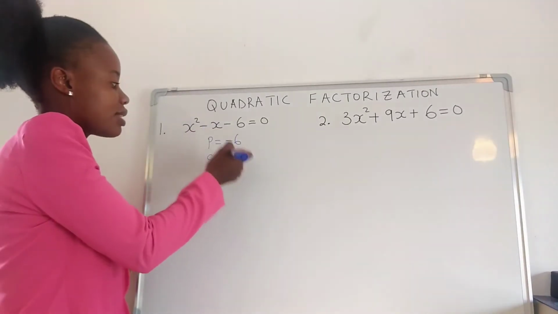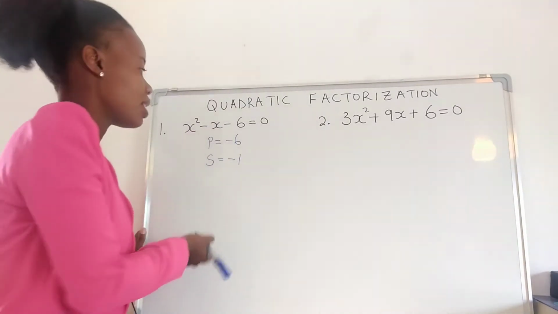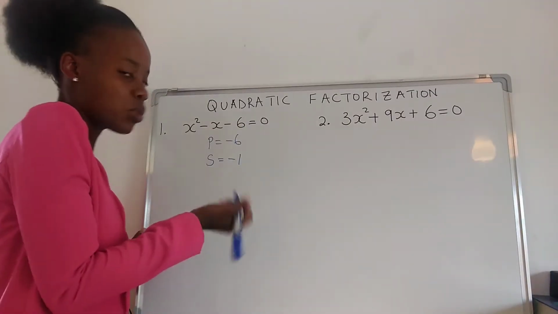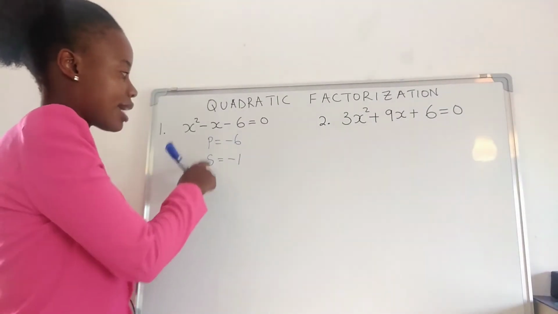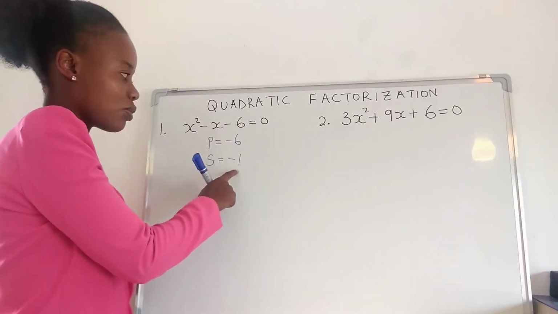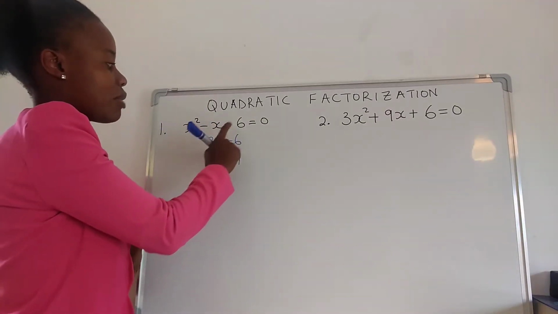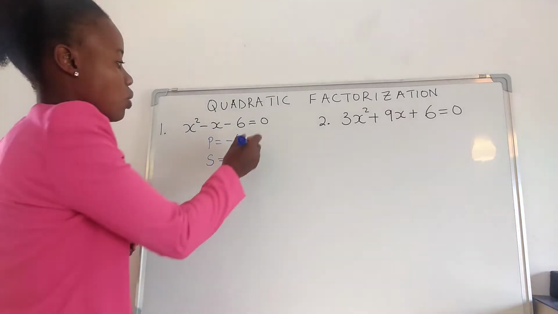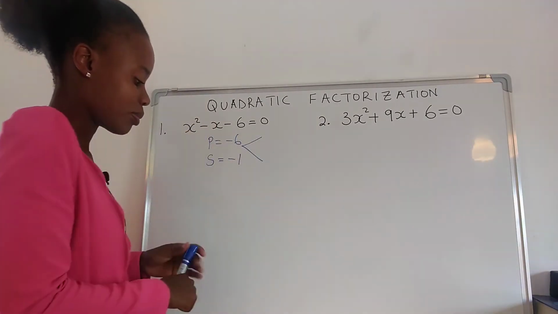The coefficient of x is negative 1, right? If here we had negative 2x, the coefficient of x would be negative 2. That's the sum. Whether you add them or subtract them, they're supposed to give you negative 1, and when you multiply them, negative 6. So we're going to find those two numbers.